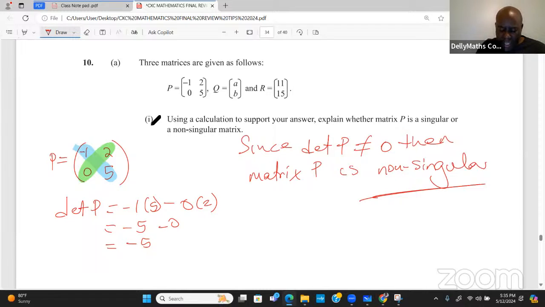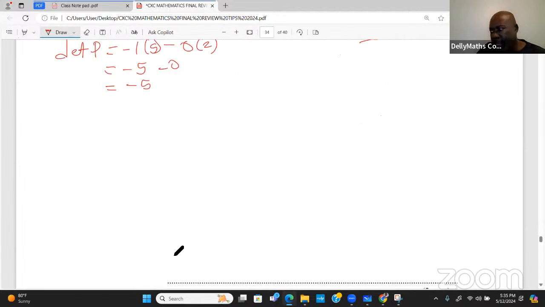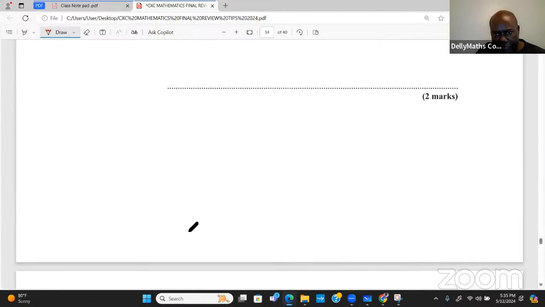This is based on whether or not you know what a singular matrix is. If you know, you're expected to put it together. If you don't know, you just don't know. We're simply saying that for a singular matrix the determinant must be equal to 0. Since this one was not equal to 0, we can say that it is not a singular matrix. All right, with that said, we could go to the next question.